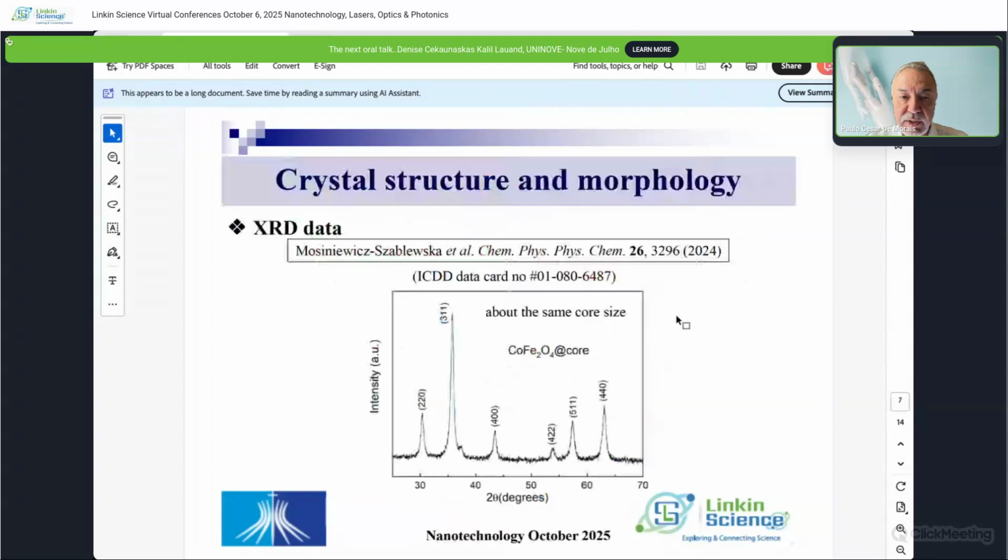So what we learned from this is, when we perform a characterization of this material, for instance, the crystal structure and morphology of the end materials. Here, I show you exactly cobalt ferrite, just the core, no surface coating.